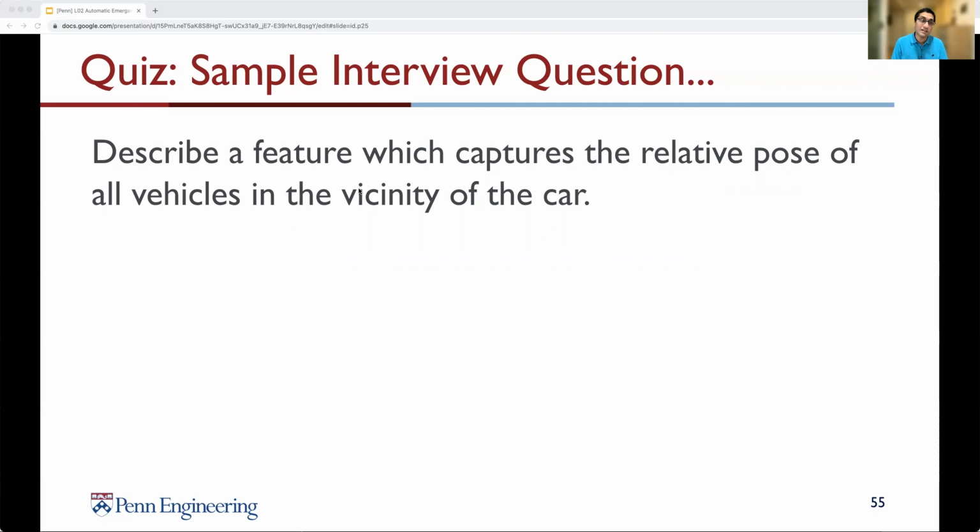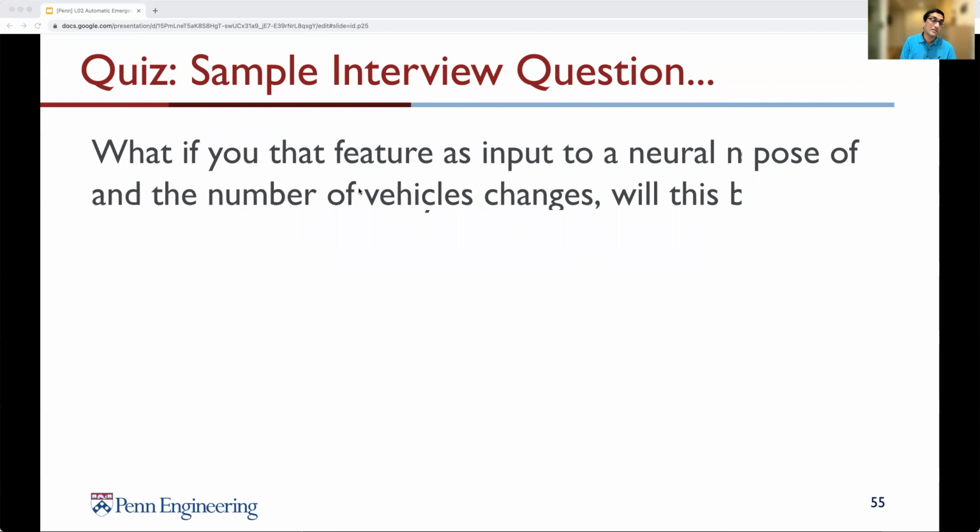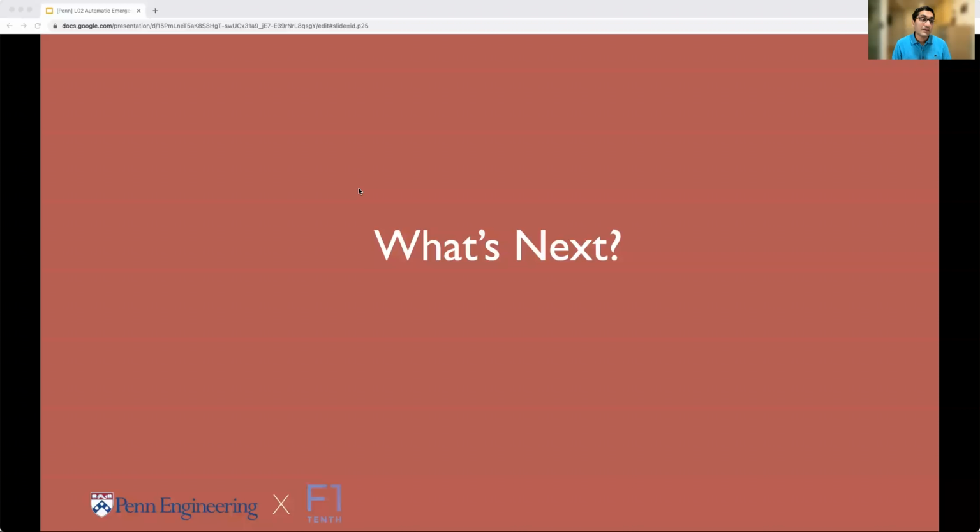So what feature would that be, assuming you have a LiDAR? And then what if that feature is used as an input to a neural network and the number of vehicles changes, right? So initially you could have a certain set of numbers and now there are more vehicles or fewer vehicles. So will this be a problem? Why or why not?